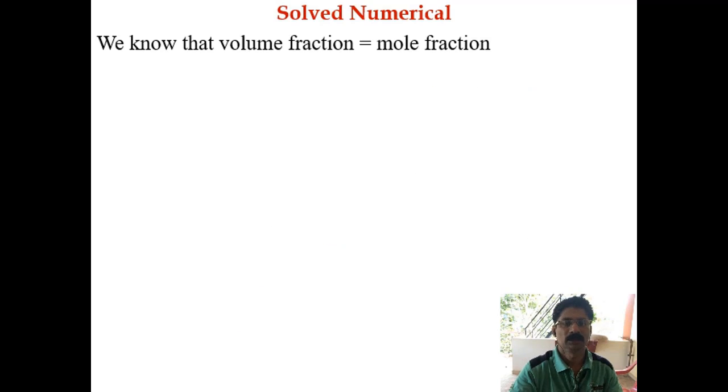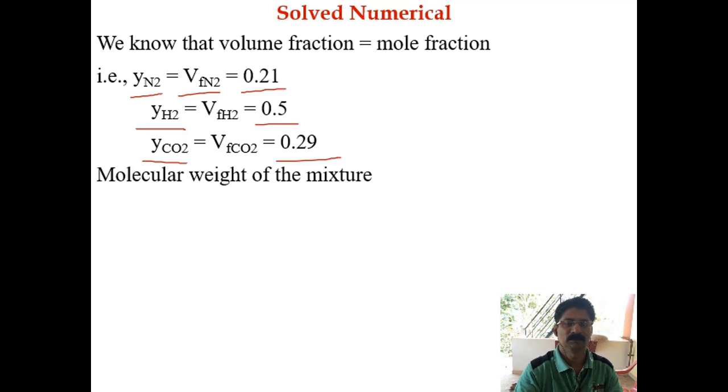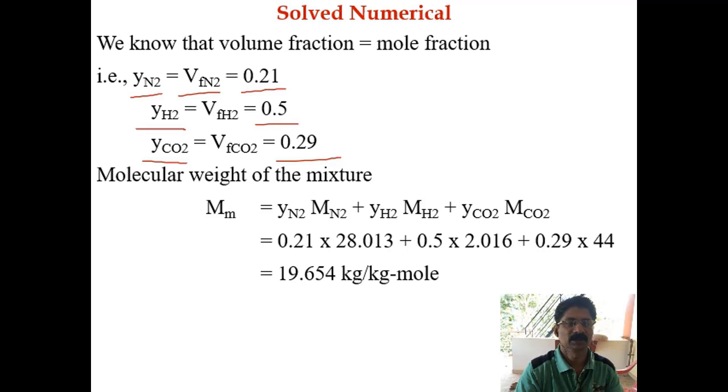We know that volume fraction is equal to mole fraction. So mole fraction of nitrogen is nothing but volume fraction of nitrogen, which is 0.21. Similarly, mole fraction of hydrogen is 0.5, and mole fraction of CO2 is 0.29, which are given in the question. Now you can use the molecular weight of the mixture formula, that is MM is equal to YN2 MN2 plus YH2 MH2 plus YCO2 MCO2.